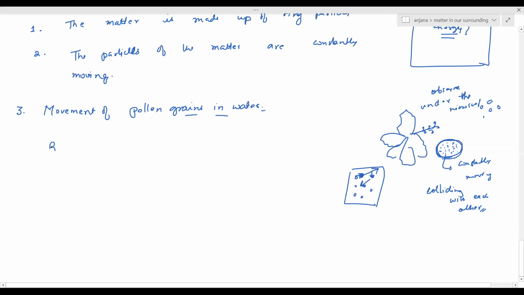He was the scientist. It was given by Robert Brown in 1827.